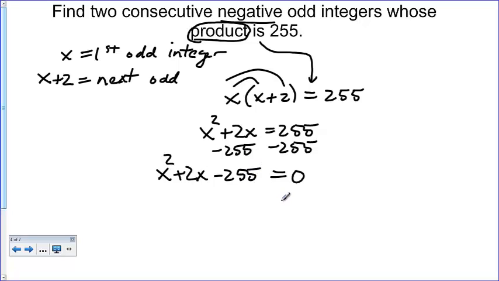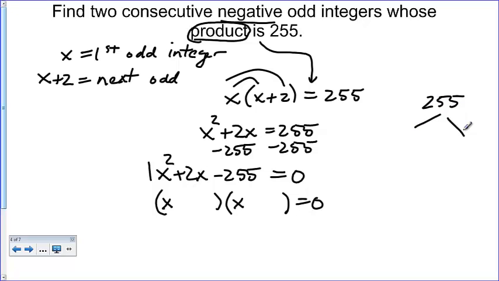Now this is a more difficult polynomial to factor because 255 is big, but fortunately the coefficient for x squared is 1, so you know the first terms in the binomials will both be x. So I need two numbers that multiply to give me negative 255, and when I add those same two numbers I get 2.